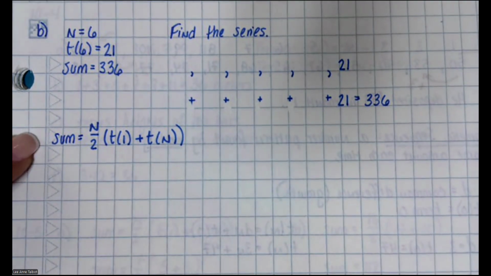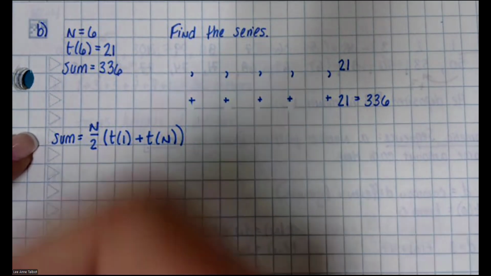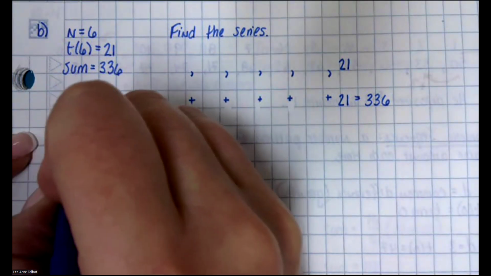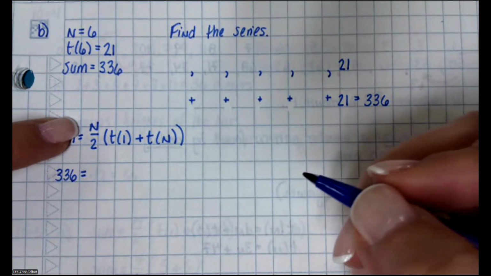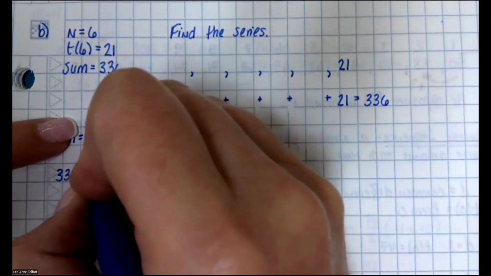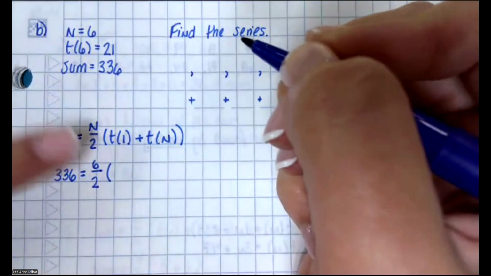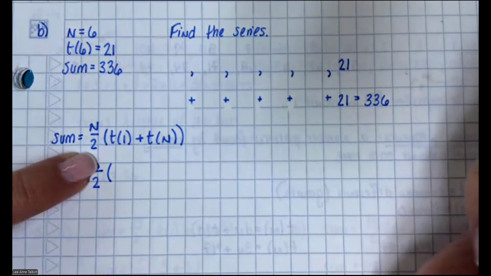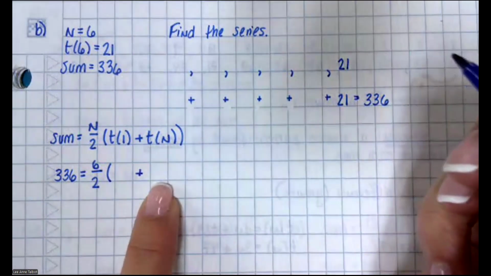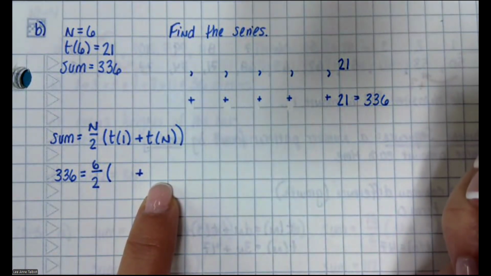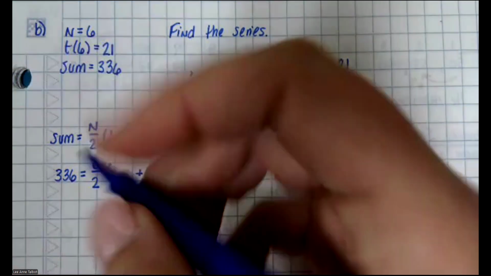Can I plug something in there is my question. 336. How many numbers are there? 6 over 2. Do I know the first term? No, that's fine. Just leave that blank for a second. Do I know the last term? 21.